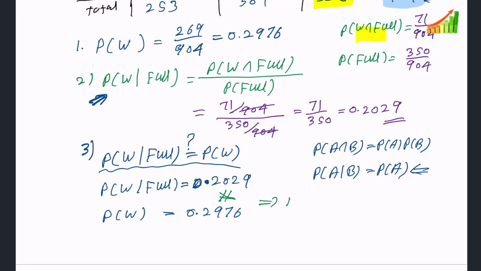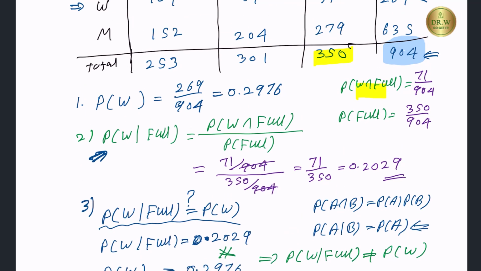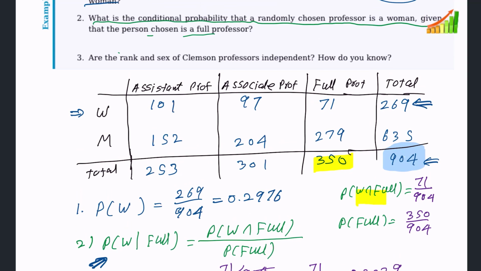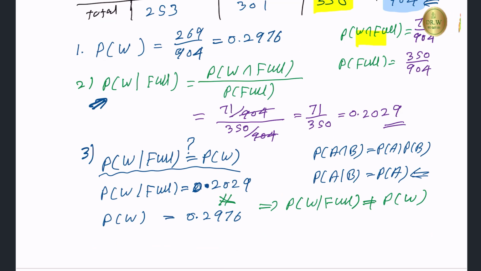That means probability of W given full is not equal to probability of W. Therefore, W and full are not independent. It means they are dependent. Therefore, we can say the rank and sex of Clemson professors are not independent. Not independent means they are dependent.